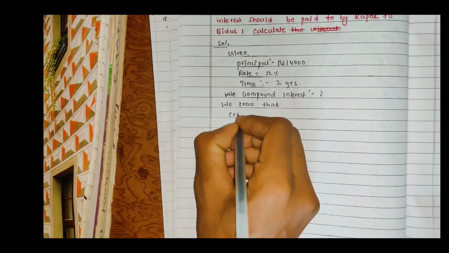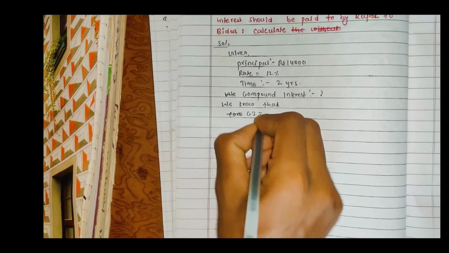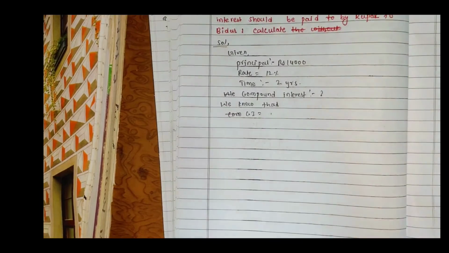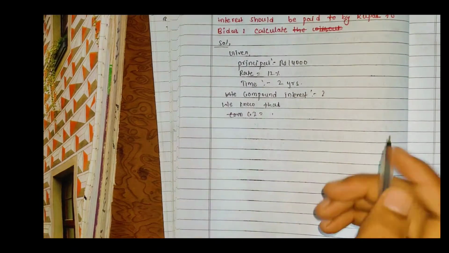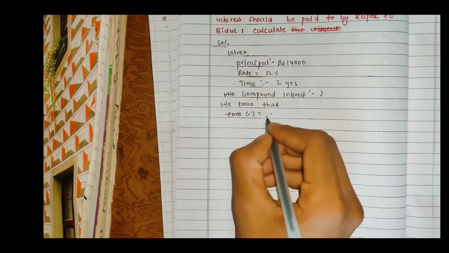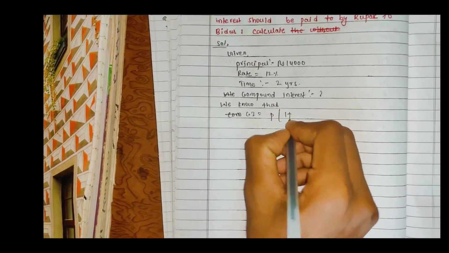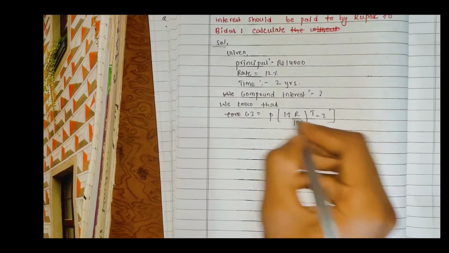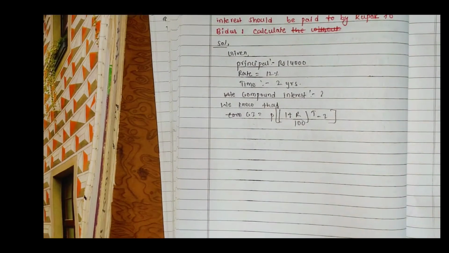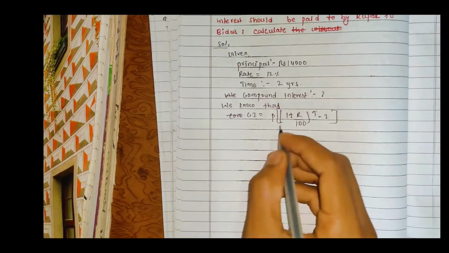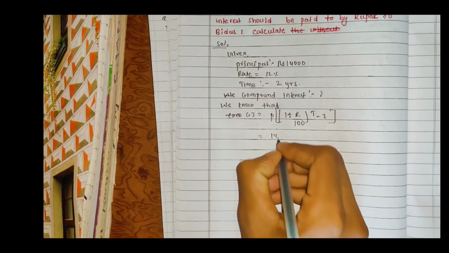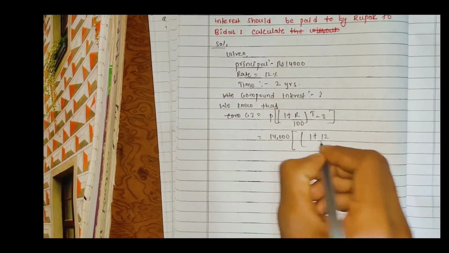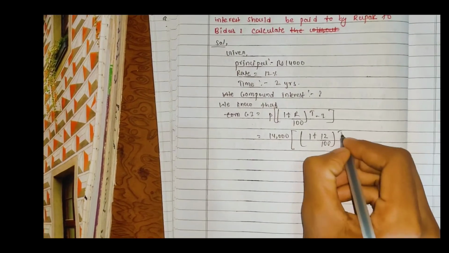We know the formula: compound interest equals P[(1 + R/100)^t − 1]. So this is the formula for compound interest. Now we just put in the values. The given principal is 14,000, the rate of interest is 12 by 100, and the time is 2 years.